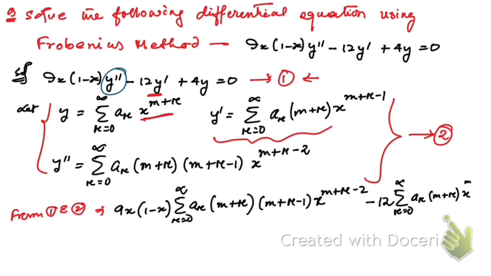Then replace y by this expression, plus 4 summation r equal to 0 to infinity a_r x to the power m plus r, which is equal to 0.